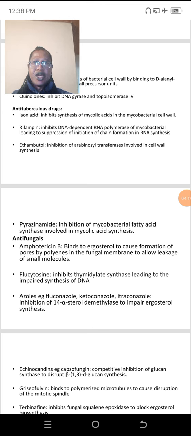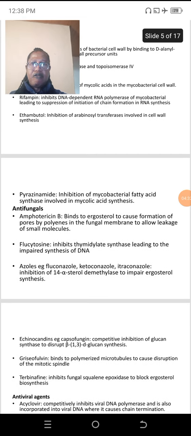For the antifungals, amphotericin B, this acts by binding to ergosterol to cause formation of pores by polyenes in the fungal membrane, and this will allow leakage of small molecules out of the fungus. Flucytosine, this acts by inhibiting thymidylate synthase, leading to the impaired synthesis of DNA.